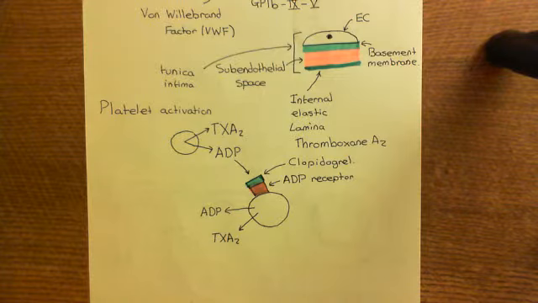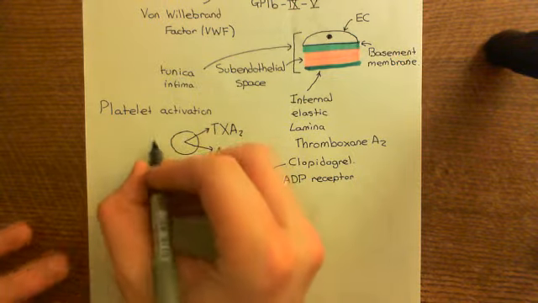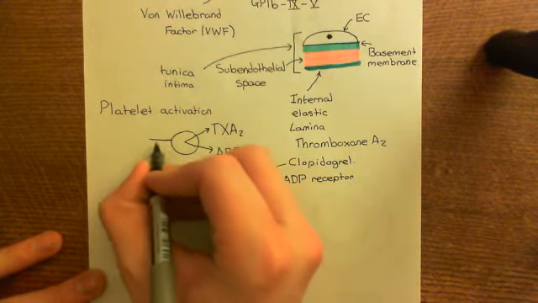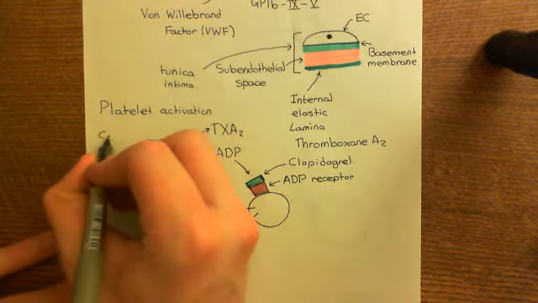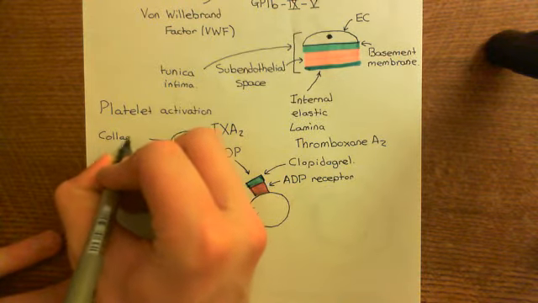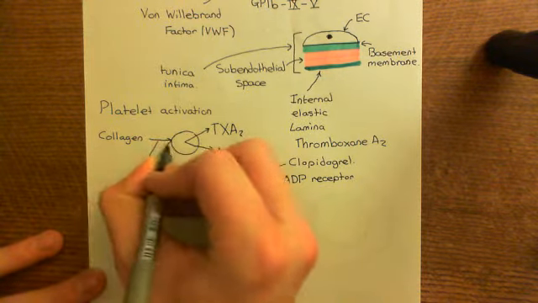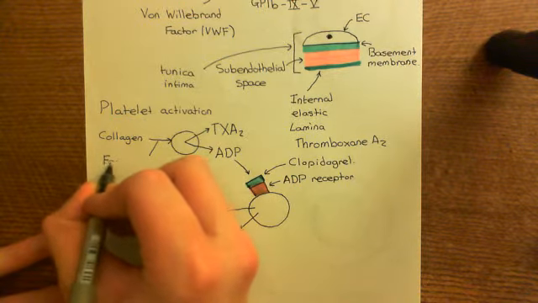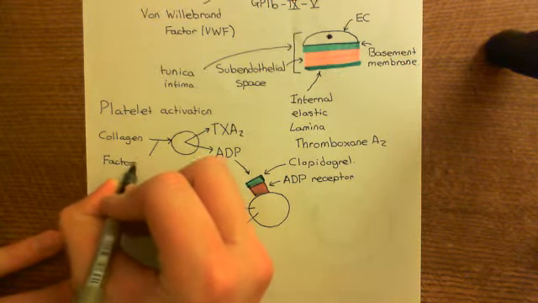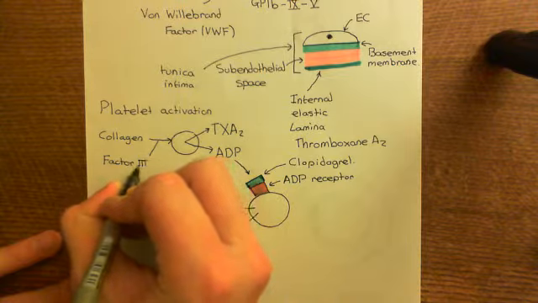So the number of platelets which become active is hugely reduced, because it's only those that were directly activated by the collagen or tissue factor. Remember, there are two things that can activate this: collagen and factor 3. I'll just denote it as factor 3. Okay, right.